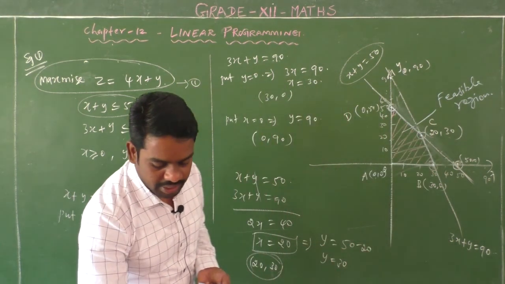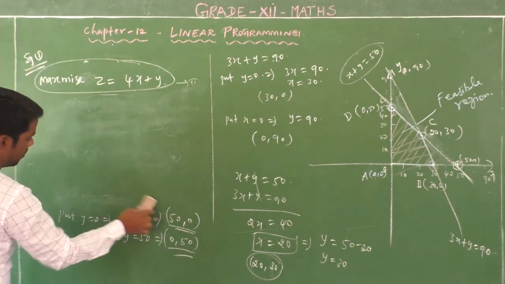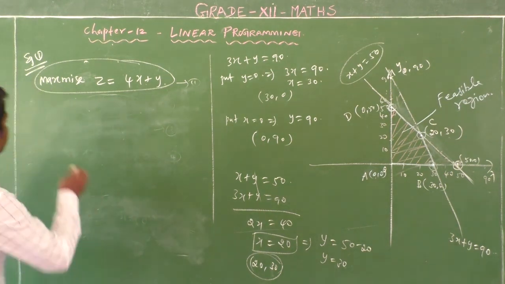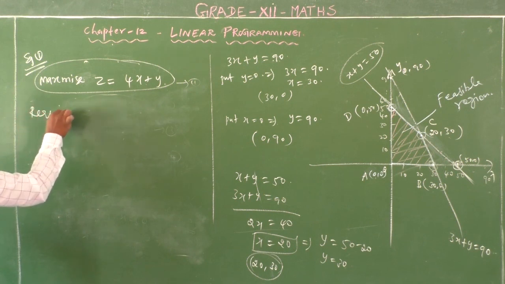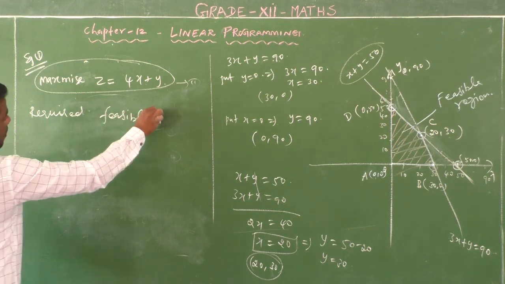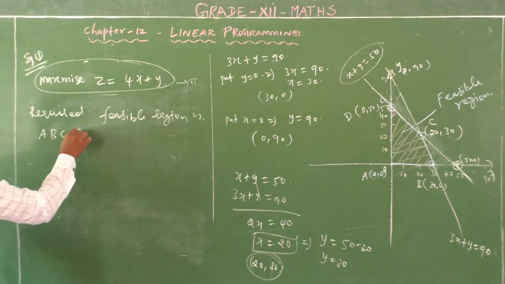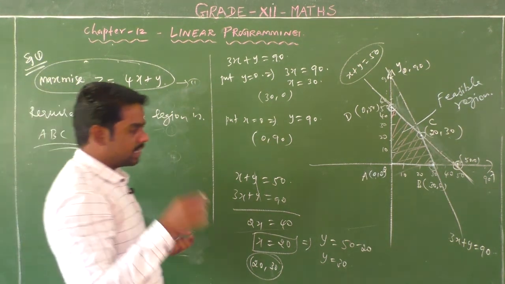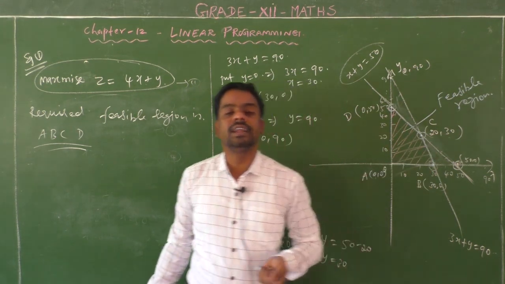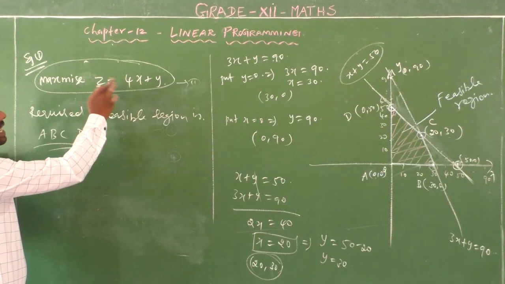So the required feasible region, from the diagram, is A, B, C, D. Now, the given question is to maximize z equal to 4x plus y.